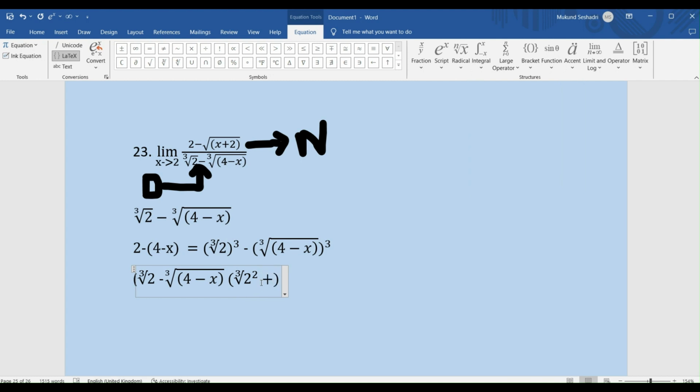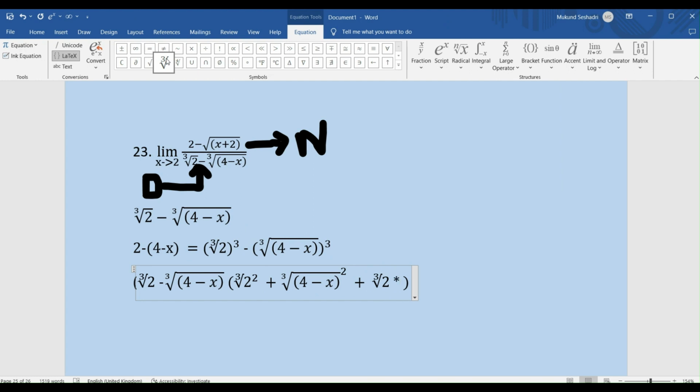And what is my b square? In a very similar fashion, my b square is cube root of 4 minus x the whole square. And what is my ab? It's my cube root of 2 into cube root of 4 minus x, right?